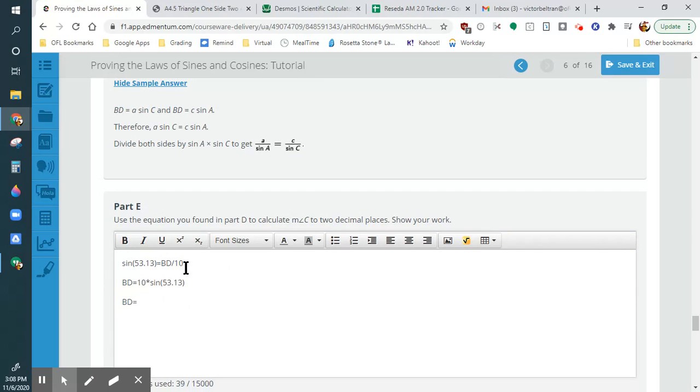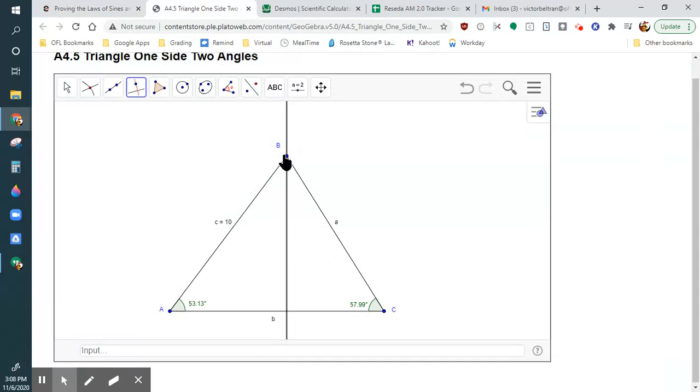Calculate angle C. So we still haven't even done this. So in this case, they want us to calculate angle C. Oh, I see. Before we calculated this angle. Why angle C?